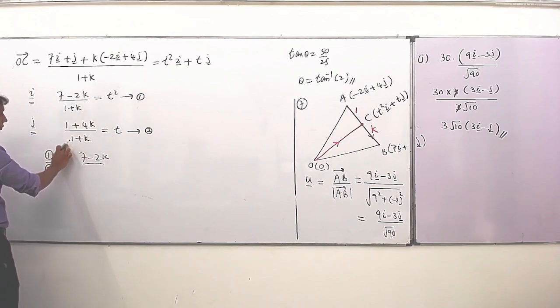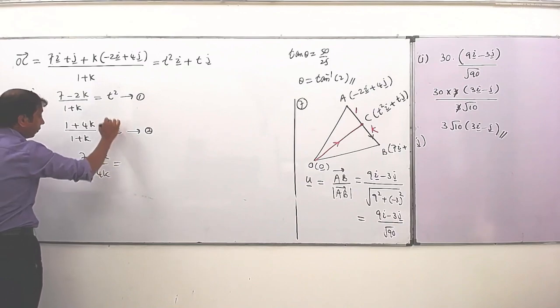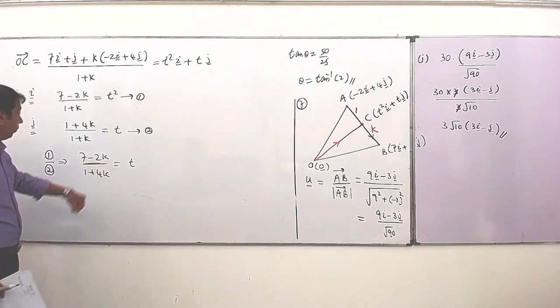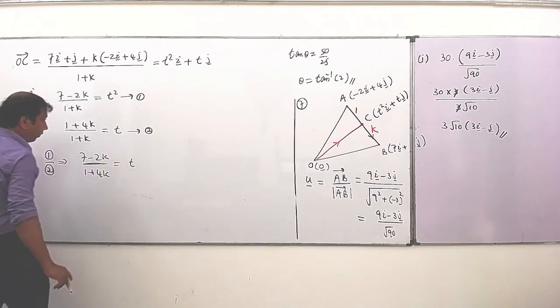This 1 plus k will cancel off now. So (7 minus 2k) by (1 plus 4k) is equal to t. Okay. t squared by t is t, no? Then I can substitute this t again in number 2.